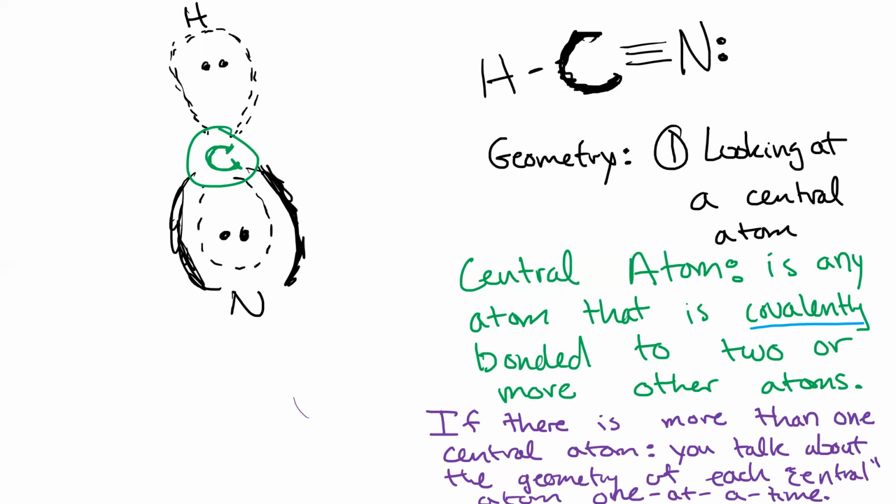So to begin with, before I get ahead of myself too far, valence shell electron pair repulsion theory. We're looking at a central atom, in this case, the carbon. And what you do is you treat each bond or lone pair as an electron cloud.